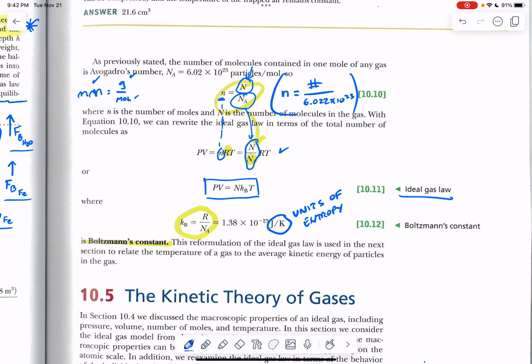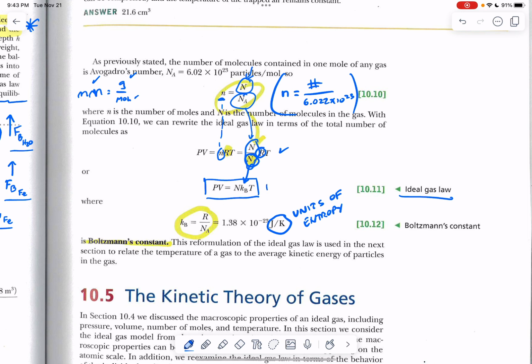And then the next thing we recognize is that Avogadro's number and R are both constants, I can combine those constants and call it k_B in honor of Boltzmann. We'll run into him in chapter 11, if I remember correctly. Boltzmann's constant.